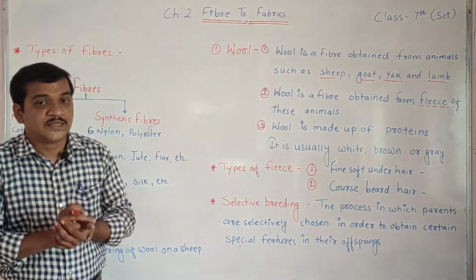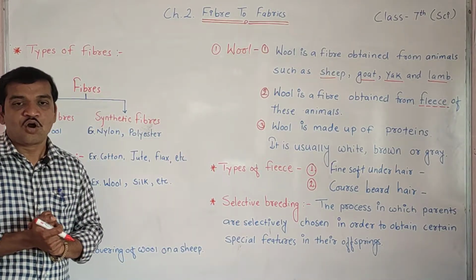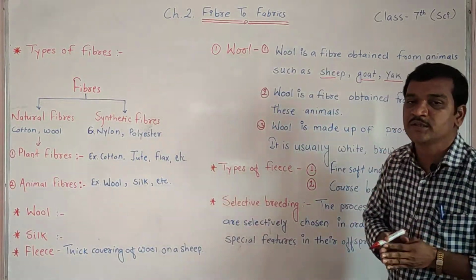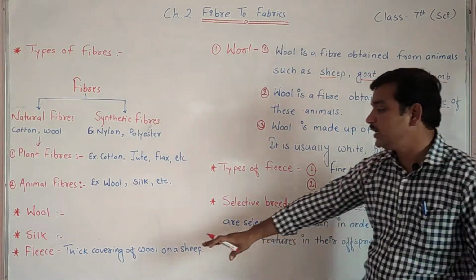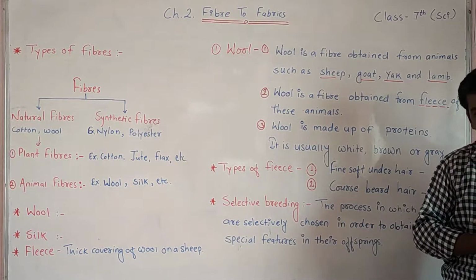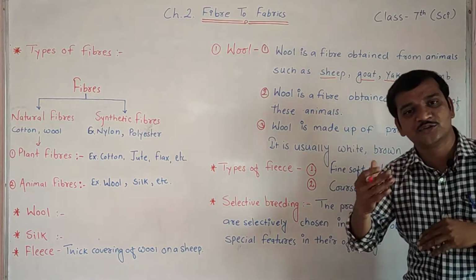Wool is a fiber obtained from the fleece of animals. Now what is meant by fleece, students? Fleece means the thick covering of wool on a sheep's body. Thick hairs, fleece is also called hair.